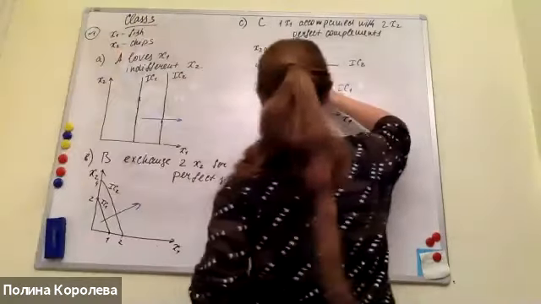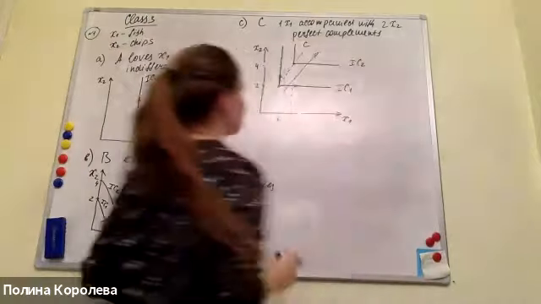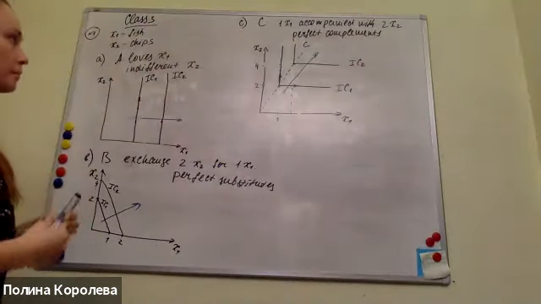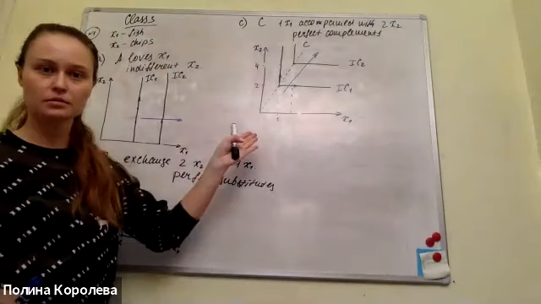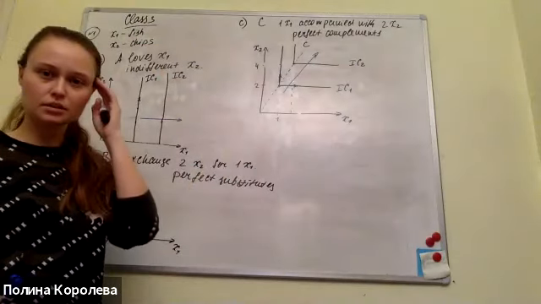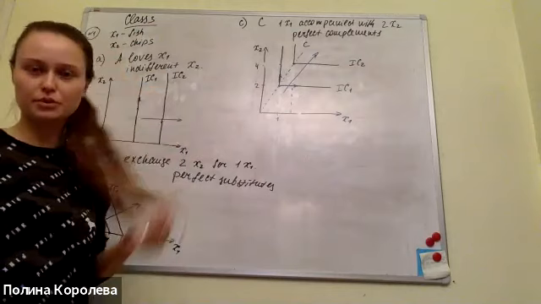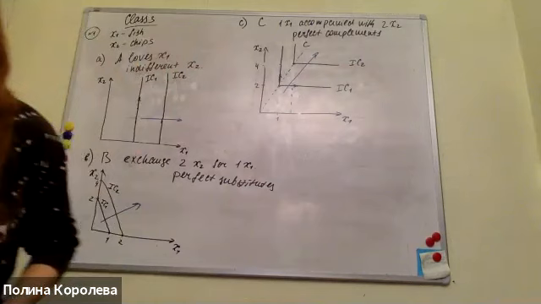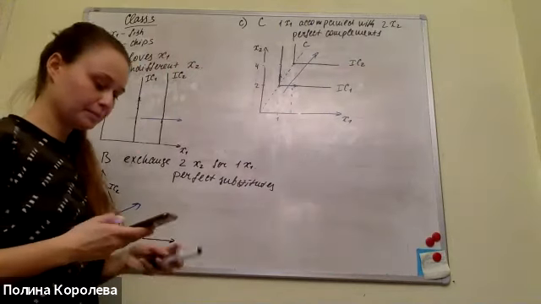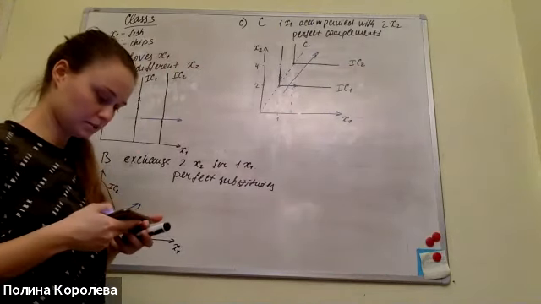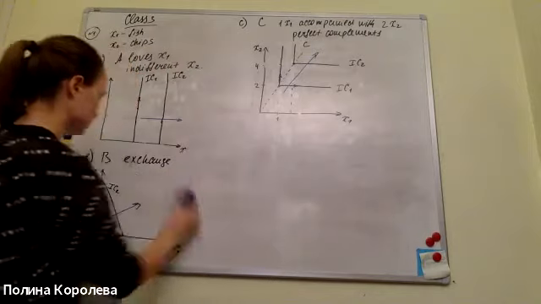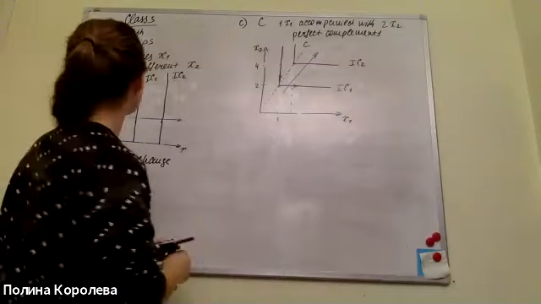Direction of utility growth is to the right and up. Is it clear? I think it was in the lecture about perfect complements and perfect substitutes. Okay. So, thanks. Let's do the next. Point number 2.